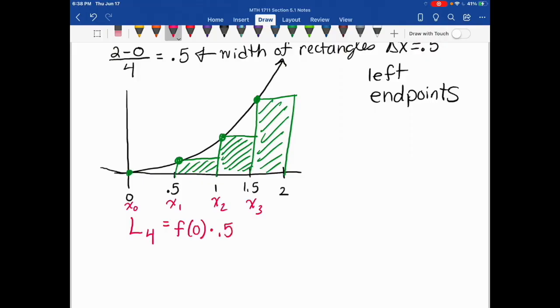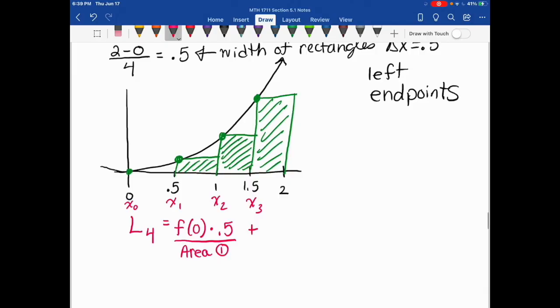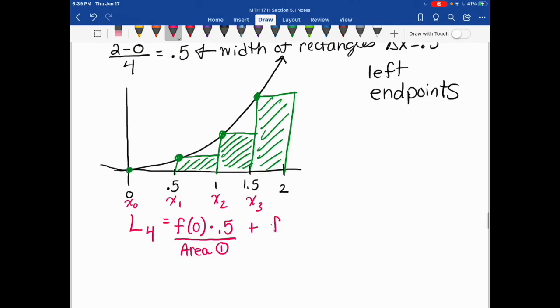So I'm going to take f of 0 times 0.5. That's going to give me the area of rectangle 1. Although it's not really there because we couldn't build it up because the height would be at 0, we're going to write it down so we can practice.